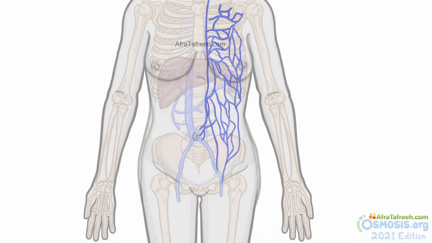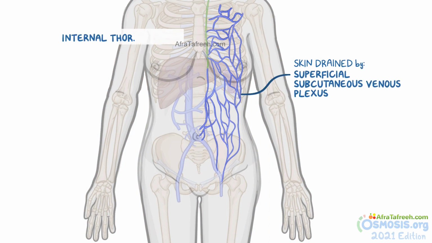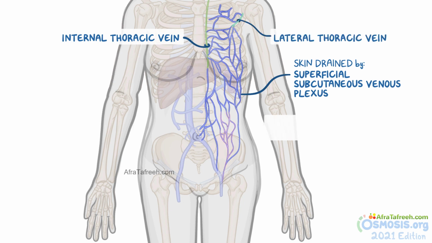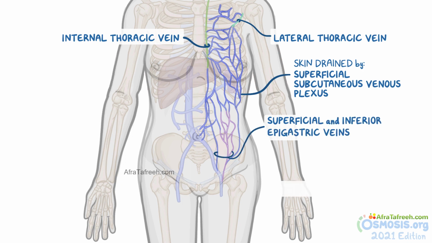And where there are arteries, you know it, there must be veins. So, the skin over the anterolateral abdominal wall is drained by a superficial subcutaneous venous plexus into the internal thoracic vein supromedially, the lateral thoracic vein superolaterally, and inferiorly it drains to the superficial and inferior epigastric veins, which eventually carry the blood to the femoral vein and external iliac vein.